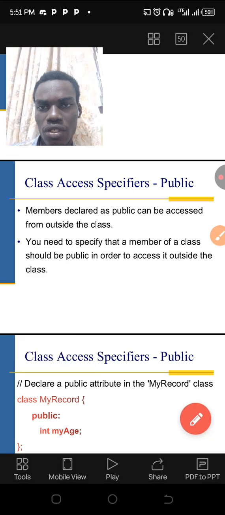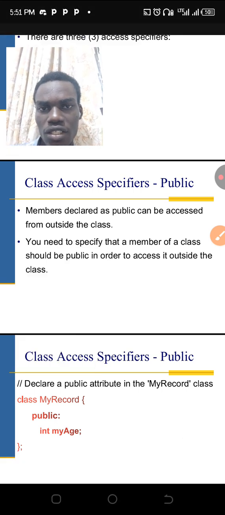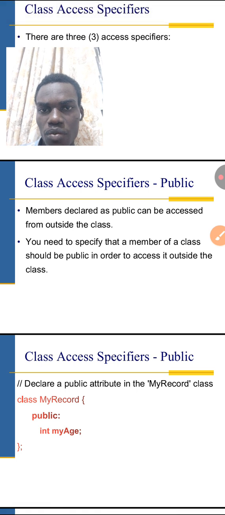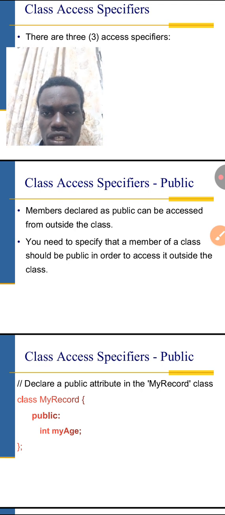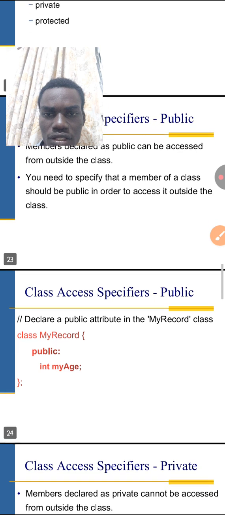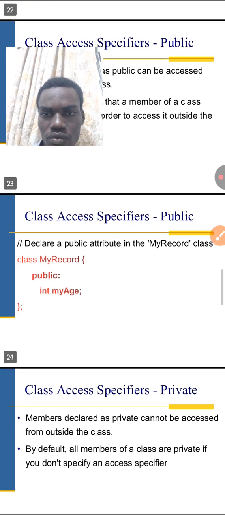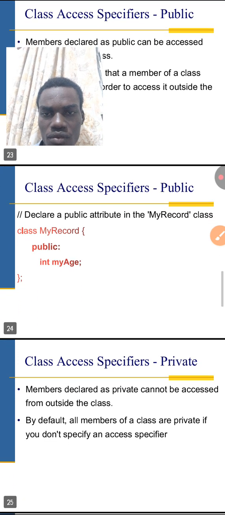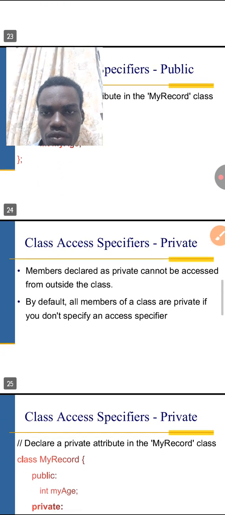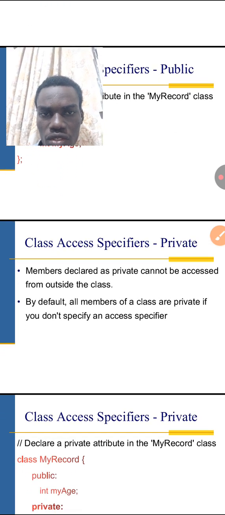For public, members declared as public can be accessed from outside the class. You need to specify that a member of the class should be public in order to access it outside the class. And for private, members declared as private cannot be accessed from outside the class.